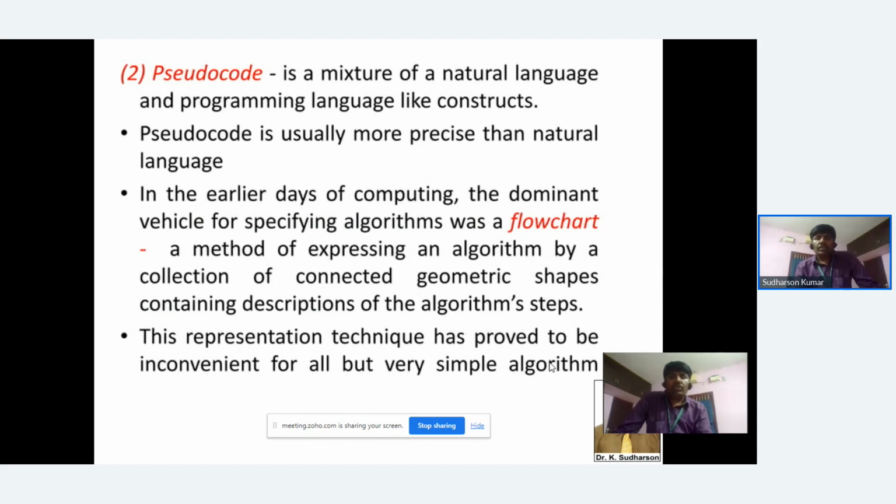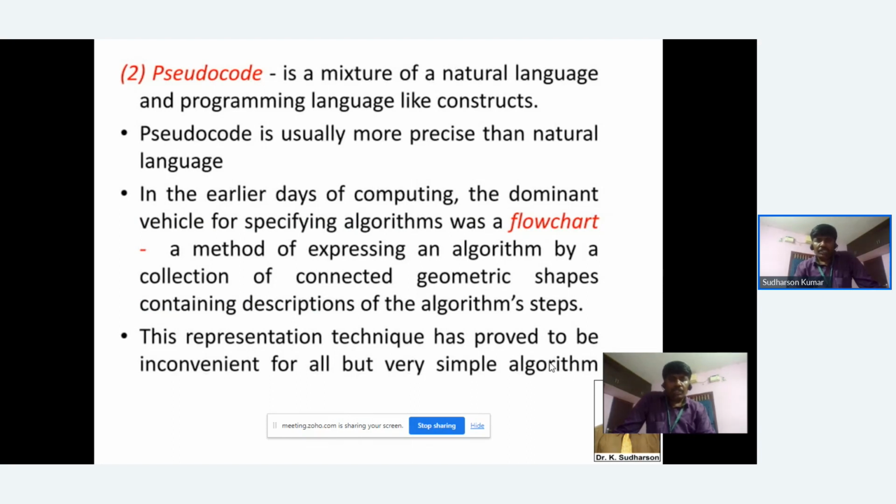Pseudocode is usually more precise than natural language, because in natural language you describe each step at length, but in pseudocode you must follow certain rules to write a step. So it is more precise. It should not follow any syntax or semantics. That is what pseudocode is.